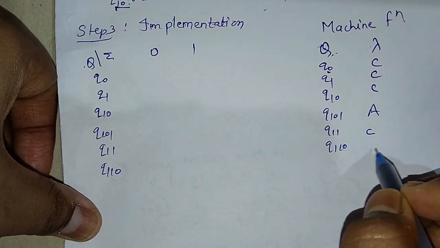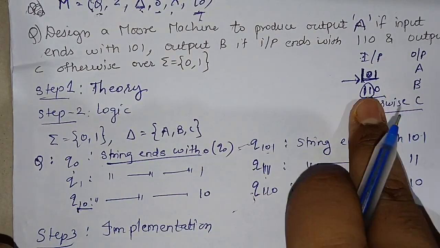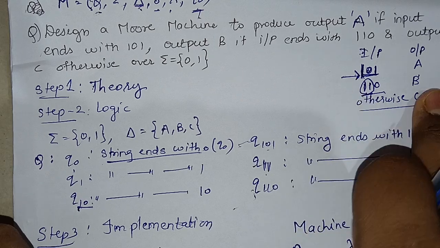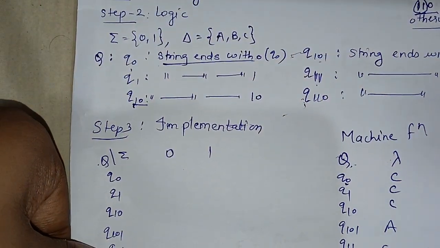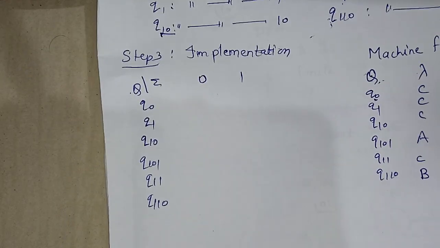For 110 it is B, as it is given in the question. For 110 we will output B, for 101 we will output A, otherwise C, that's why there are C for the remaining ones.